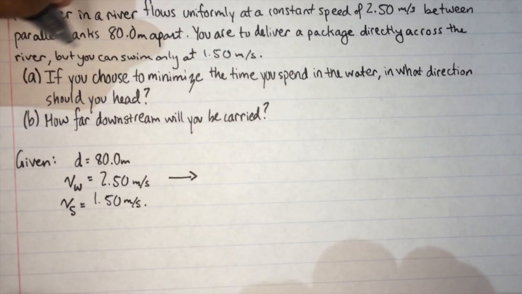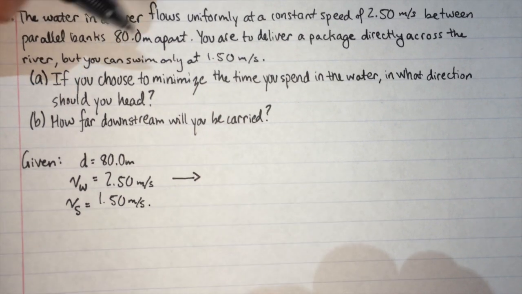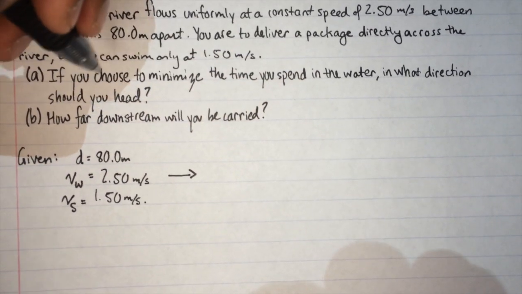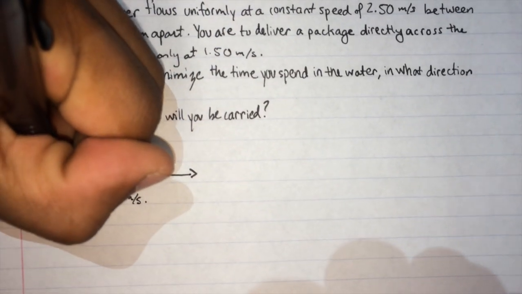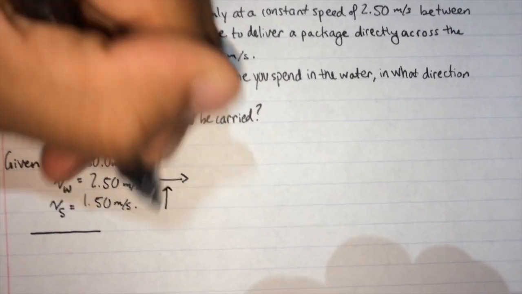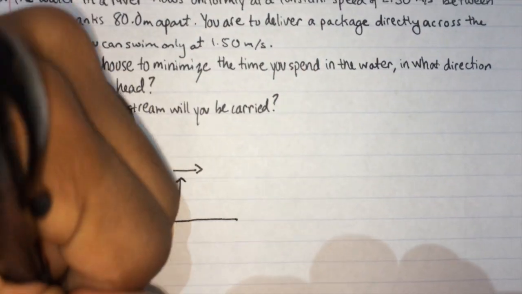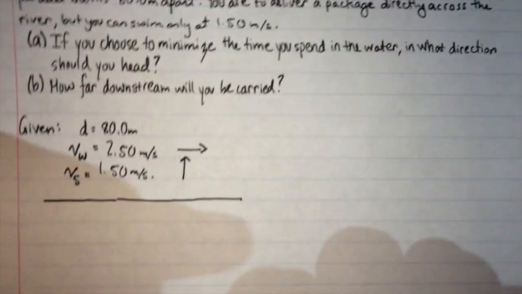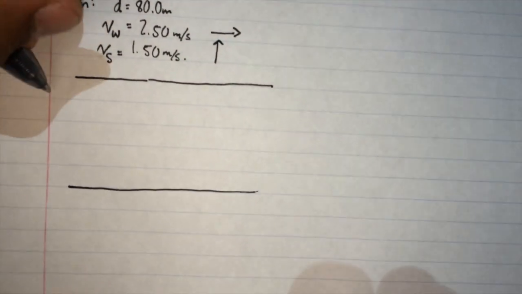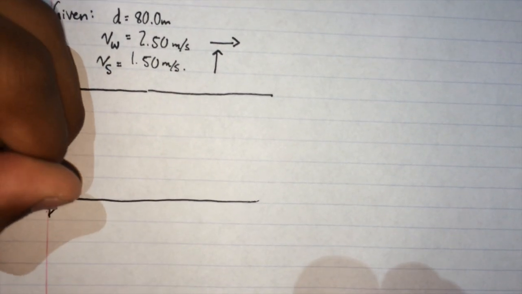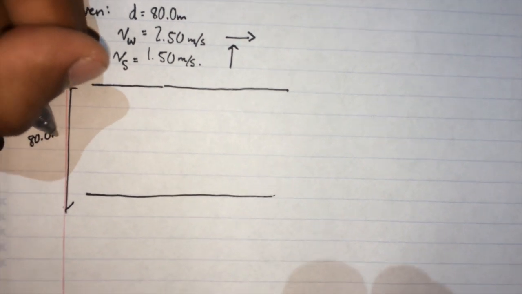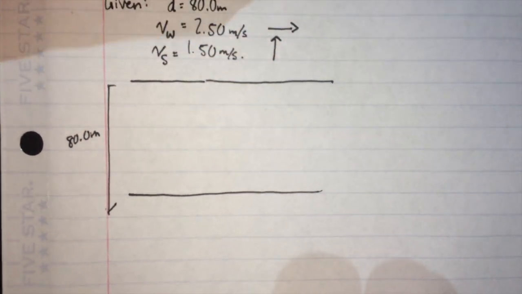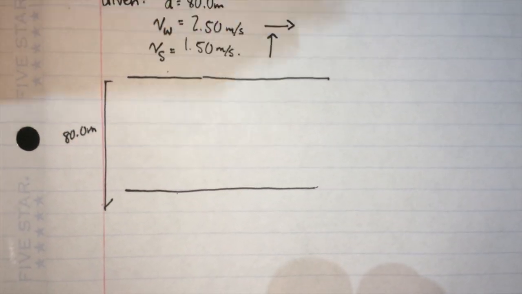Now in the first part, it says if you choose to minimize the time you spend in water, in what direction should you head? So if we want to minimize the time we spend in water, let's say these are our parallel banks, which are 80.0 meters apart, right? So the water is always going to be pushing us. We just want to get across, and we don't care where we end up.